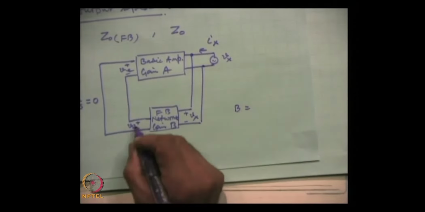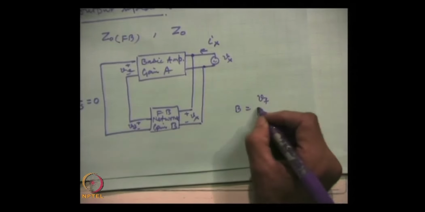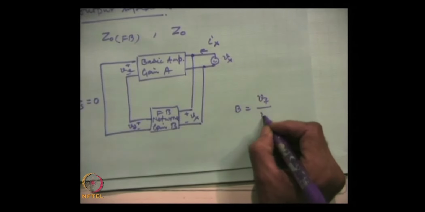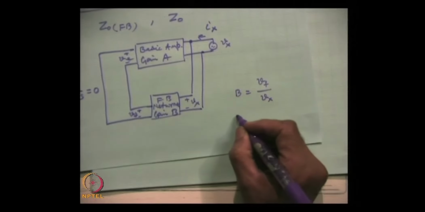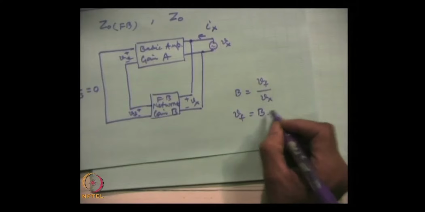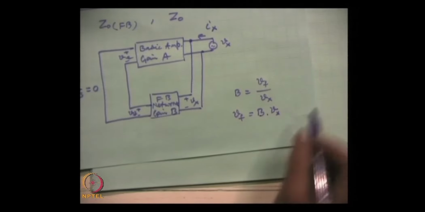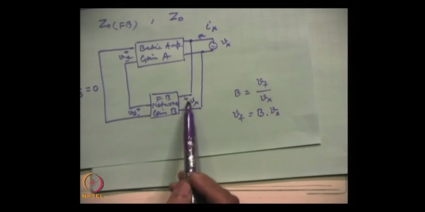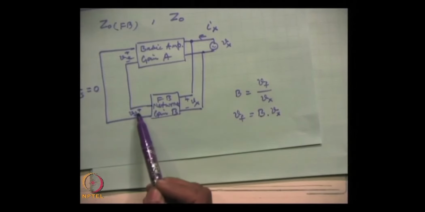So, obviously, B is the ratio where the output is V f and the input is V x. So, V f is equal to B into V x. This is the input to the feedback circuit, this is the output.